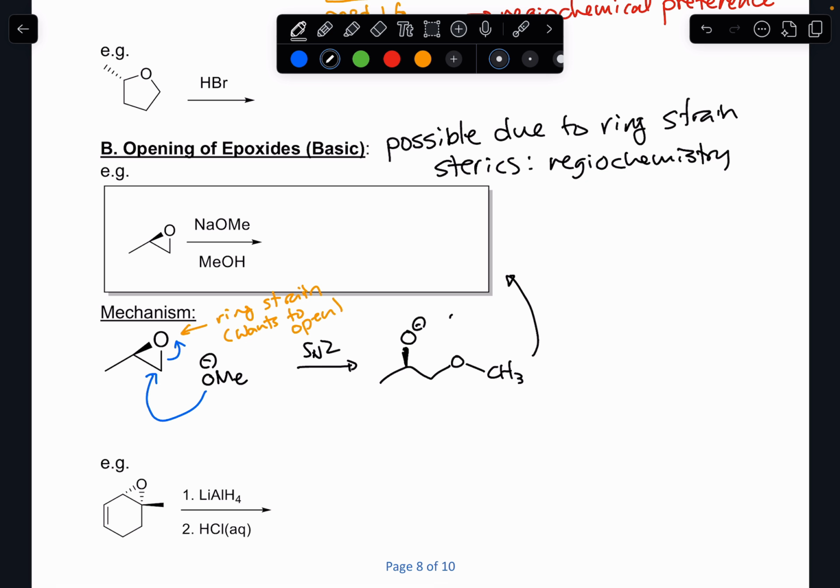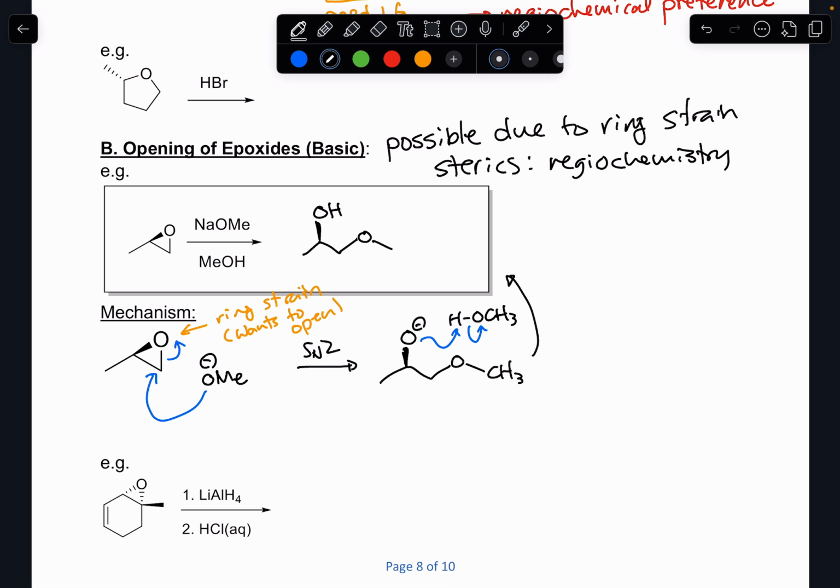How do you make this neutral? Well, this alkoxide could pick up a proton from the methanol solvent, which is abundant. Whoops, I think I added an extra carbon. Right, that would be the product.